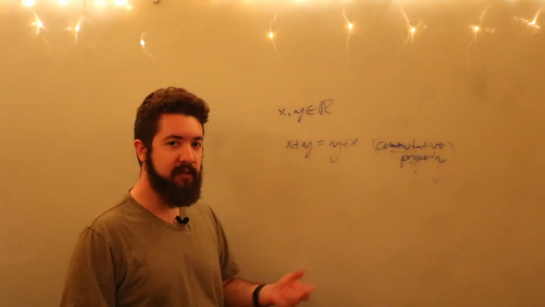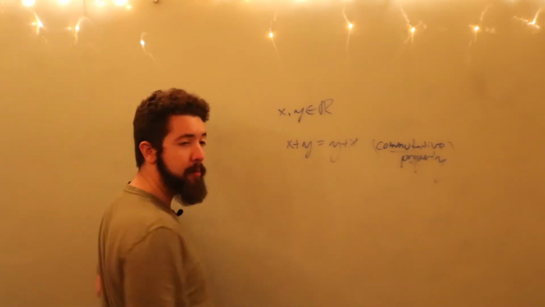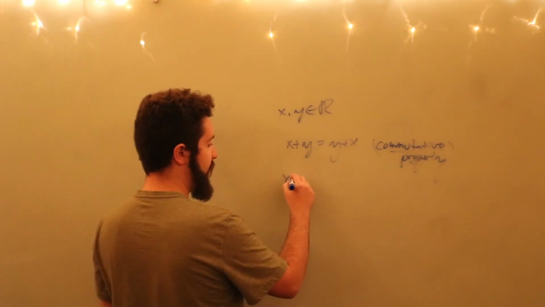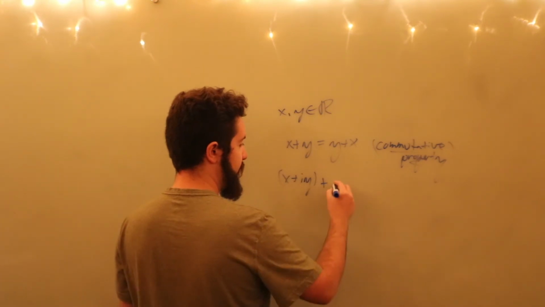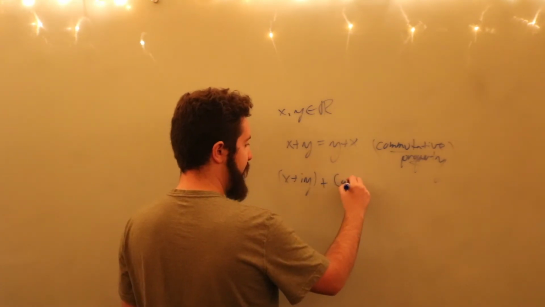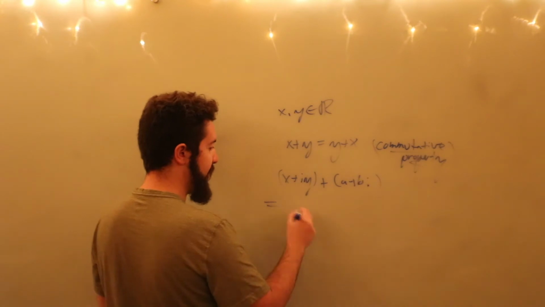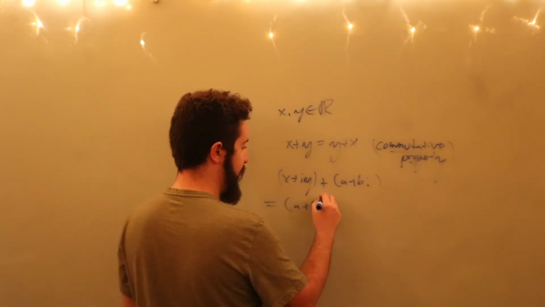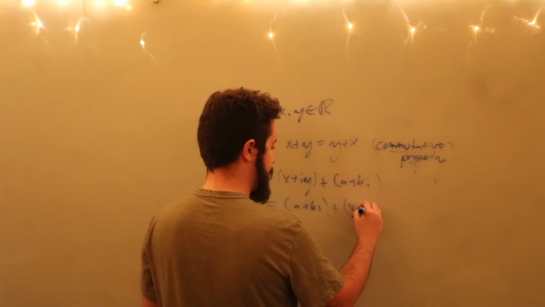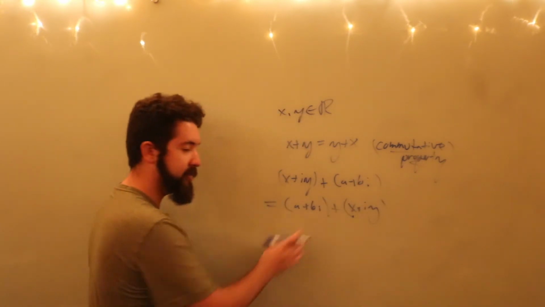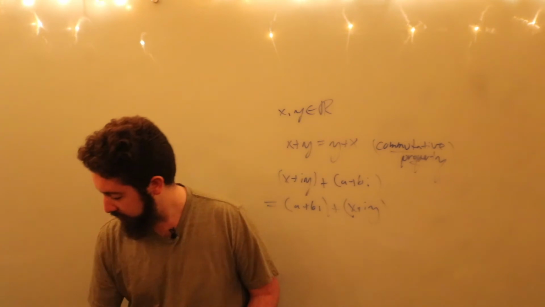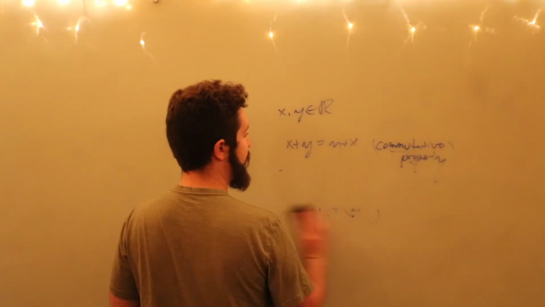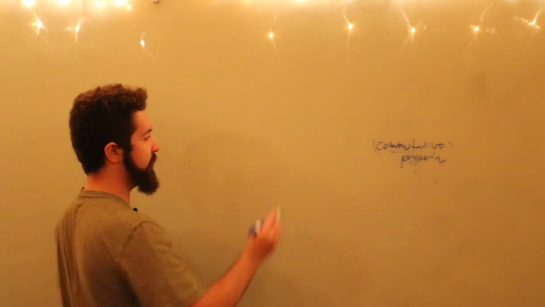And we notice that it also holds for complex numbers, right? So if you had x plus iy plus, you know, a plus bi, this is the same as a plus bi plus x plus iy, right? Where i is the square root of -1. So they both obey the commutative property. Now, likewise, there's another type of commutative property that shows up with multiplication.